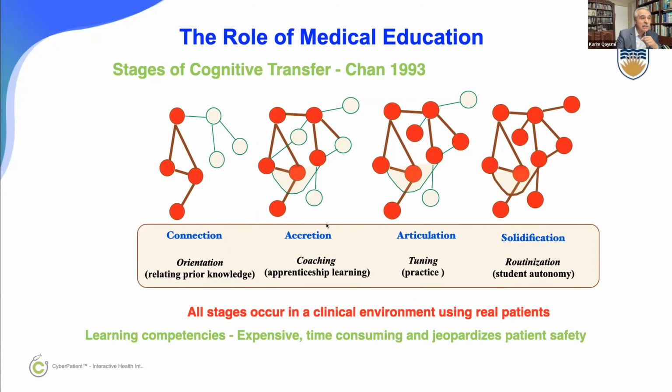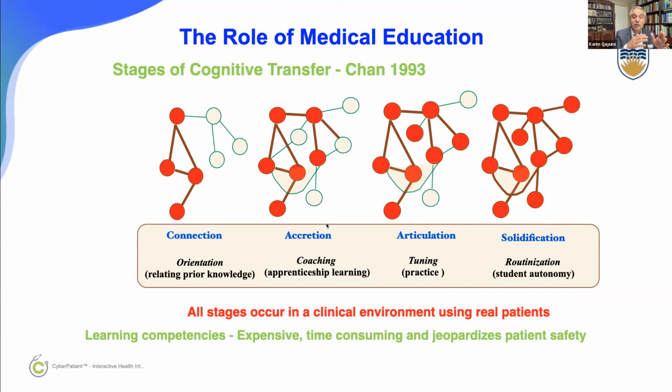Chain in 1993 actually described the stages of cognitive transfer. And he identified 4 stages. They are connection, orientation, coaching, fine-tuning, and then routinization or solidification. So this is happening every day in medical education.